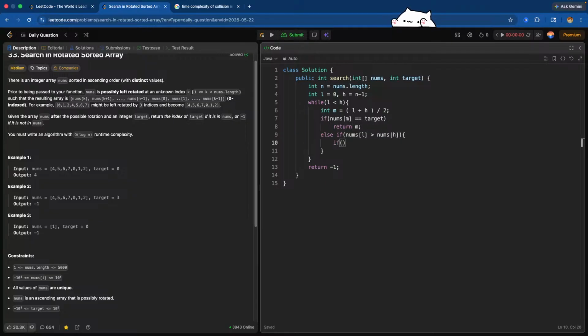Then there could be two cases where it is rotated there or it is rotated there.